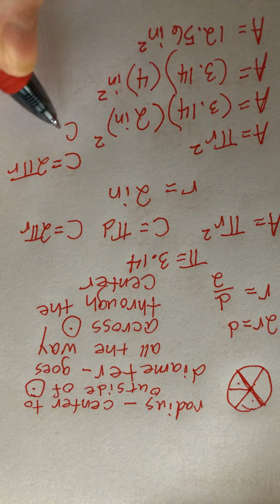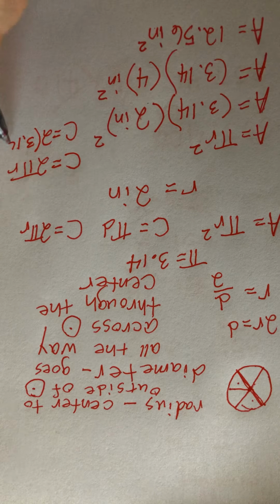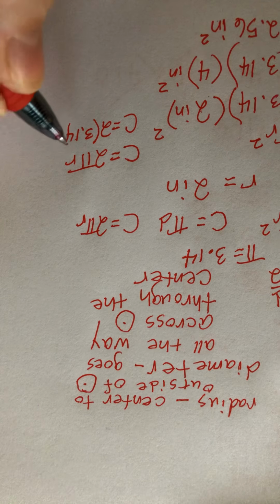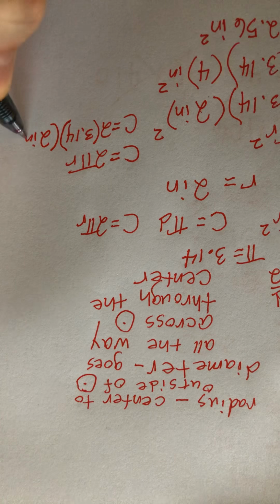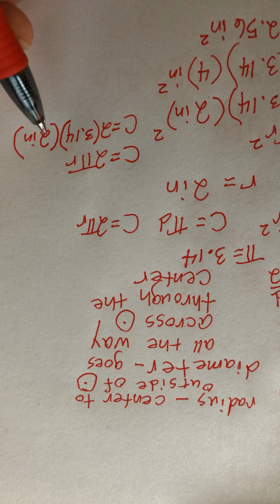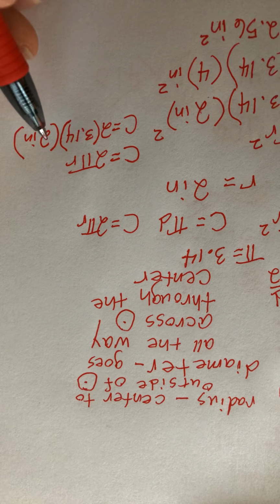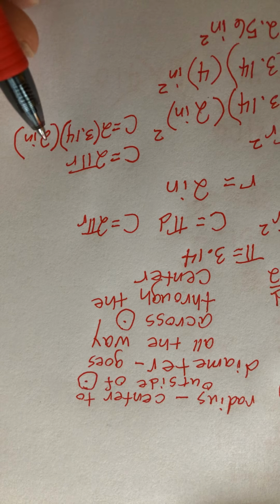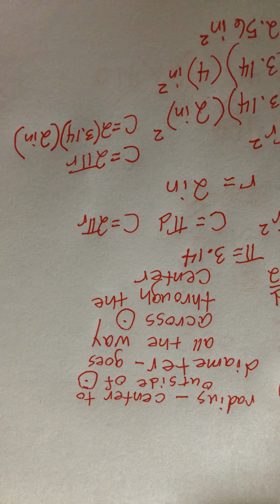So C equals 2 times 3.14 times 2 inches. Now, sometimes I see people square this. This one is not squared, but it is 2 times 2 here. So I usually multiply my whole numbers and then multiply by the decimal because it just makes it easier.